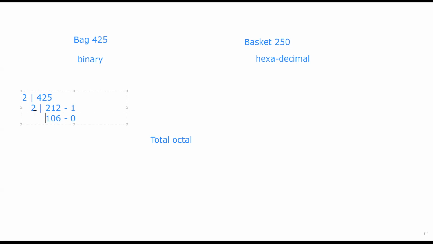You divide again by 2. Then what will happen? You will get 53, remainder is 0. You divide this by 2, we will get 26, remainder is 1.